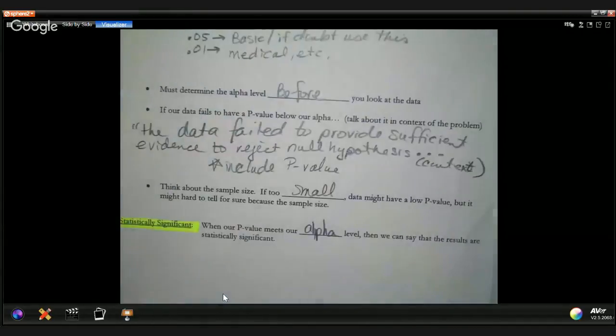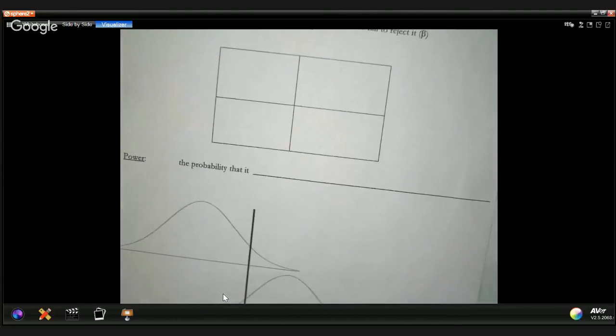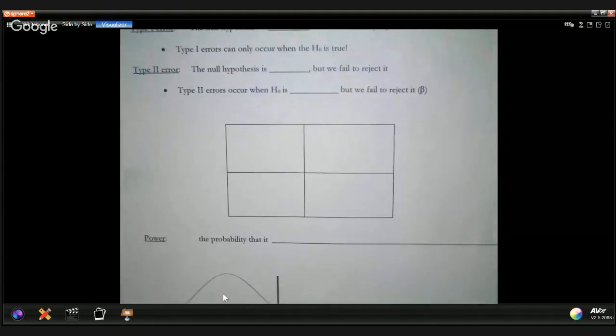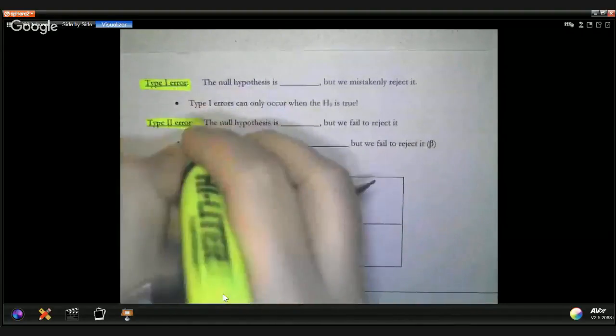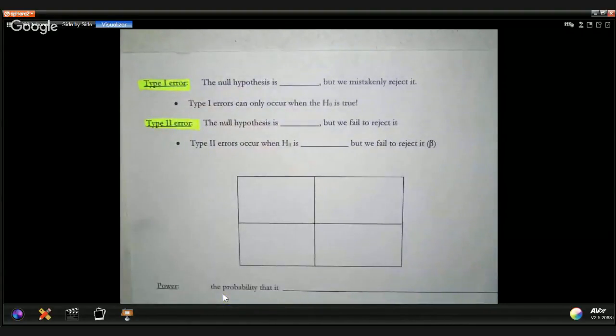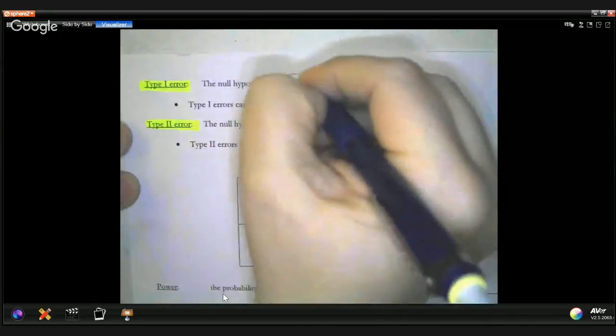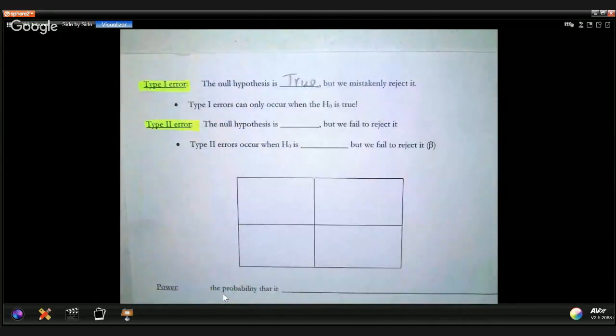All right. The next thing that I want to talk about in our notes is something called power and type of errors. So when we have errors, it's when you reject or you fail to reject incorrectly. So a type 1 error is when the null hypothesis is true, but we mistakenly reject it.